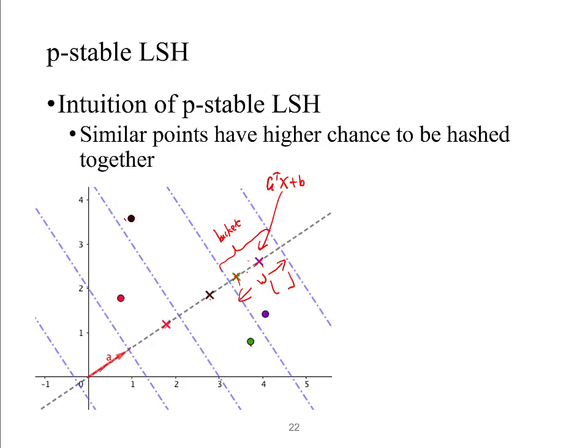So for all the points whose projection, which is A transpose X plus B, lies in the same bucket or partition, they would have the same hash value, okay? And for those lying in different buckets, for example, the black one here and the green one, they will have different hash values.